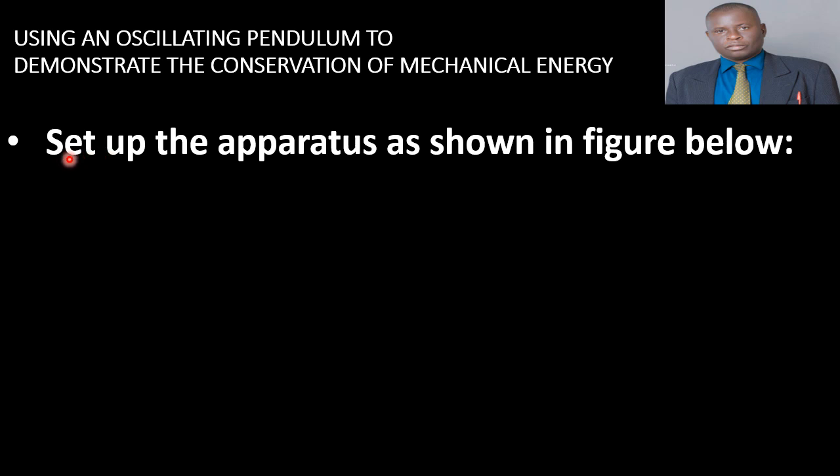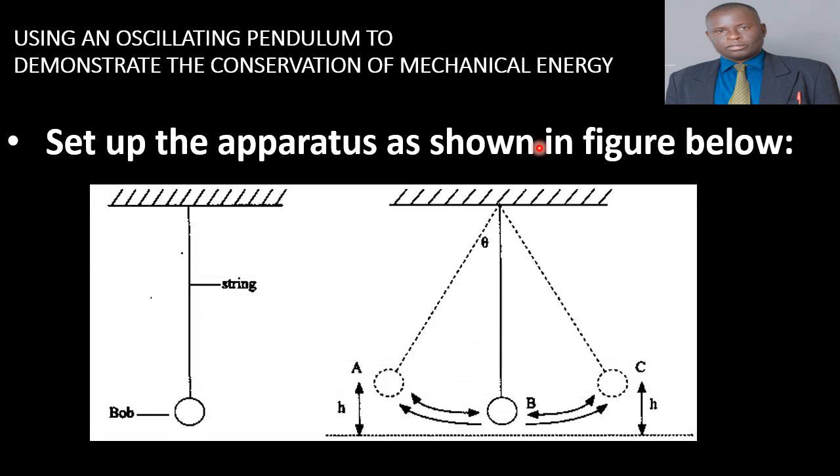All you have to do is set up the apparatus as shown in the diagram below. This setup here is known as a pendulum. This ball here is called a pendulum bob, which is attached to a string.